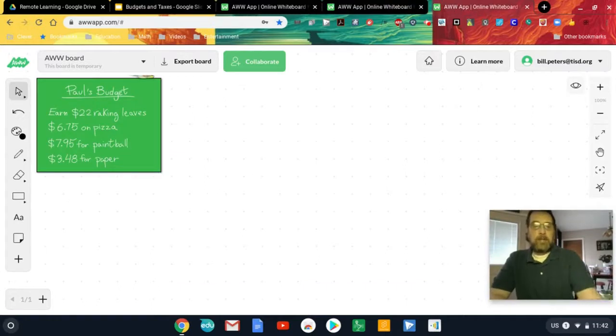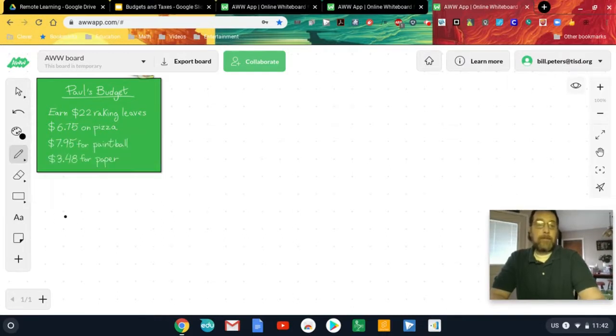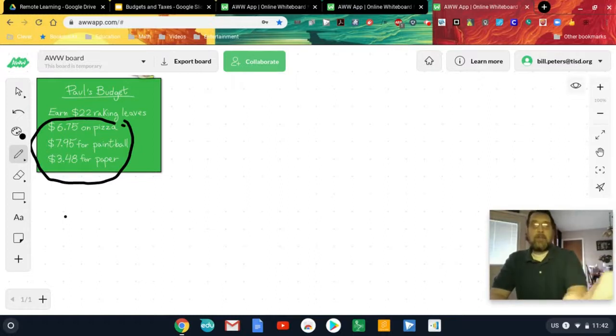When we have the budget, we have earned, and all these items right here, this is what we spent. So the first thing we have to do is add those three numbers together and subtract it from 22. And that will give us a price that we have left over. And anything that we take away or add to the budget, we can adjust how much we've earned or how much we'll be able to save.